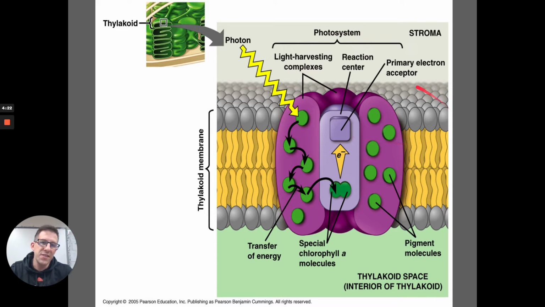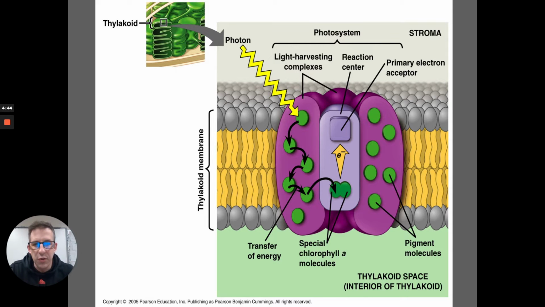This entire protein complex called the photosystem is absolutely necessary for harvesting photons of light from the sun. So when I talk about photosystems, that is what I'm talking about, and that's what you should envision in your head as you try to memorize this process of light capturing.